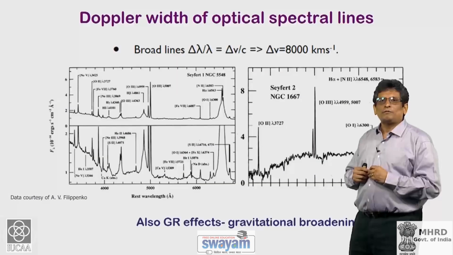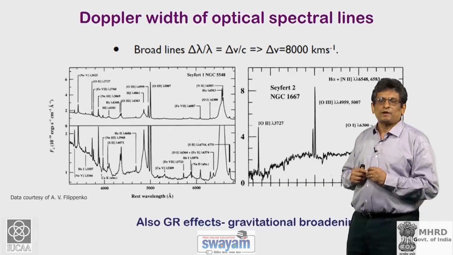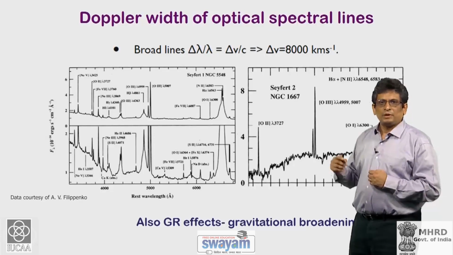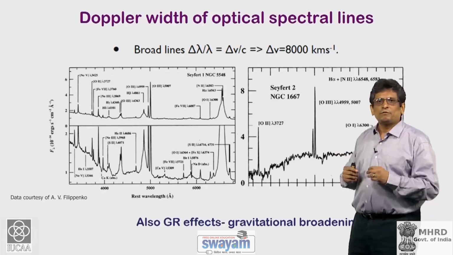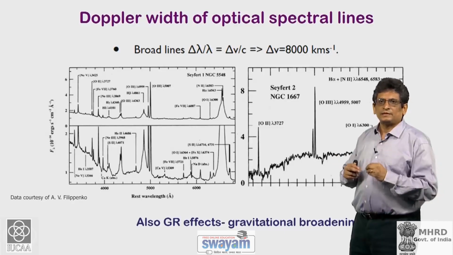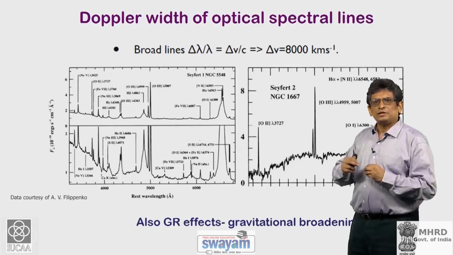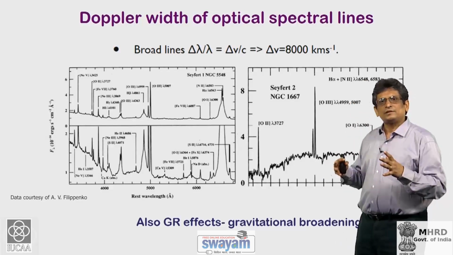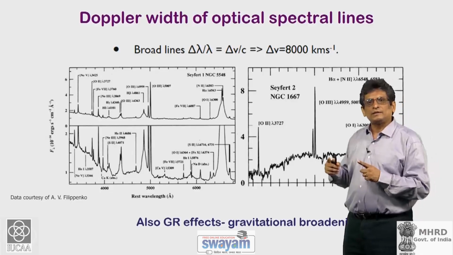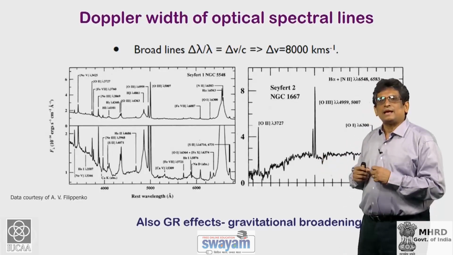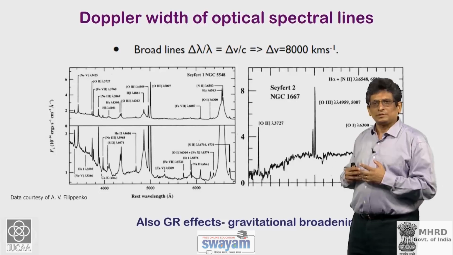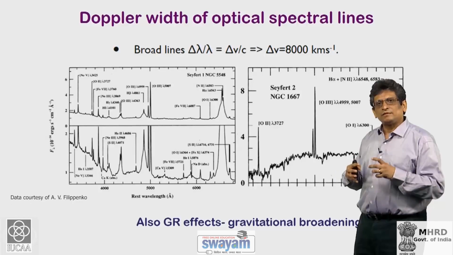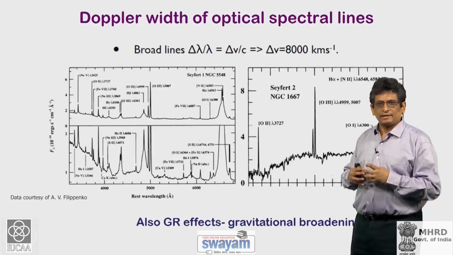Here's an example of the use of optical spectra to find the mass of a black hole in the middle of a galaxy. So we have emission lines that originate from very near the center of a galaxy, and you have material moving at very high speed around the central black hole, which emits this radiation, and that causes the emission lines to broaden, and they can go up to many thousands of kilometers per second if one goes to radiation that originates from the very center of a galaxy.